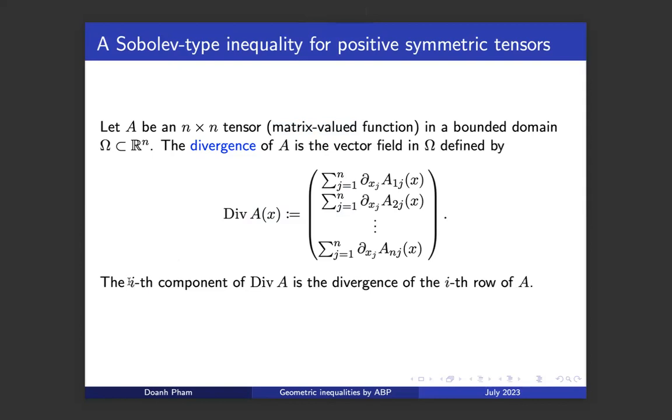The ith component of the divergence of A is just the divergence of the ith row of A. This is the definition of the divergence of a matrix. When the vector divergence of A is 0, we say that A is divergence free.